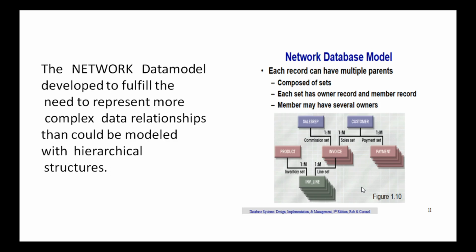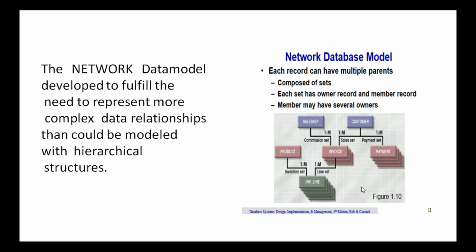So coming to here, those records are composed of sets. Each set has an owner record and a member record. Let's observe which entities act as owners and which entities act as members. Coming to invoice, to generate a bill we need a sales representative and also a customer.